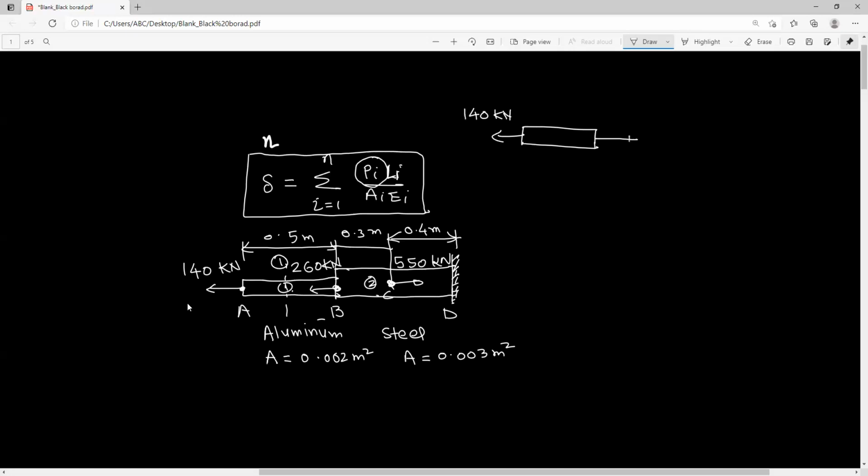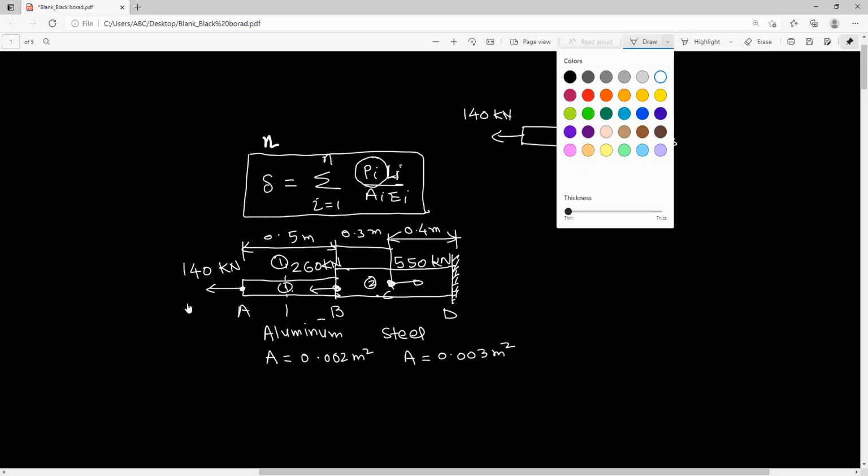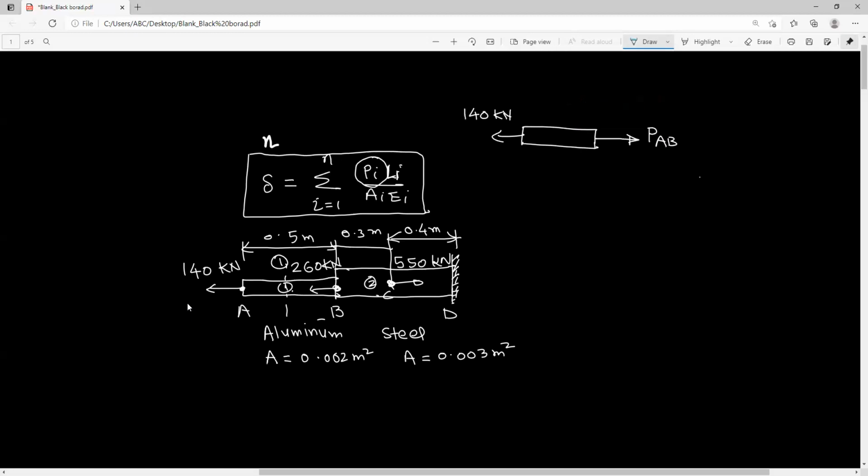Now, how to show this force, which I will call the internal force in the part AB? You can show it as the outward normal, as if the bar is under tension, like this is your cross section and you take the outward force.